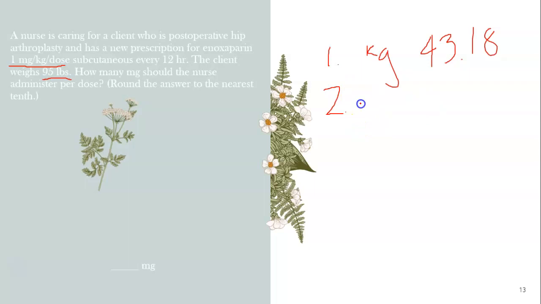Then where is my recipe? My recipe is right here. That's per dose, not per day. And it's saying 1 milligram per kilogram, so I times it.